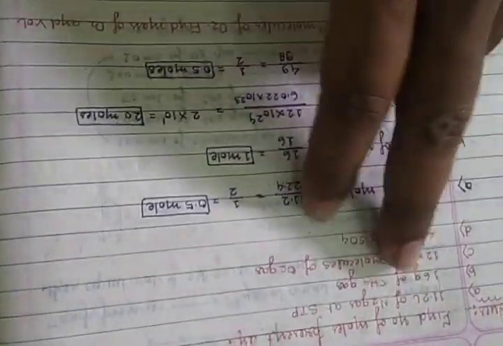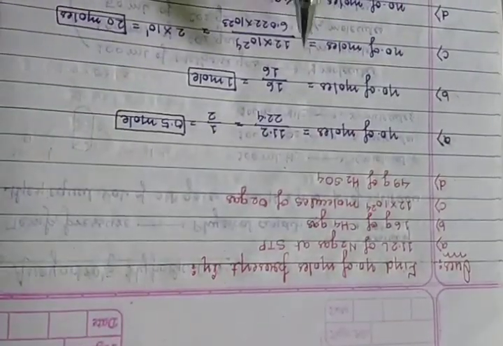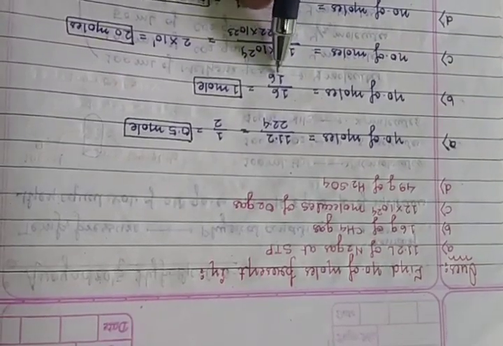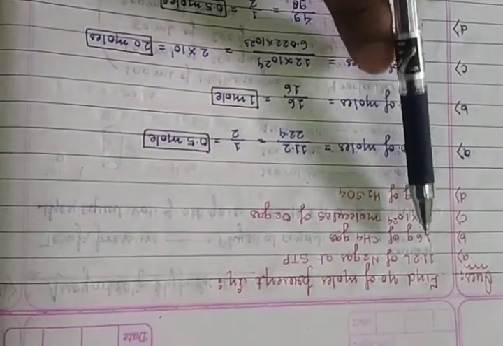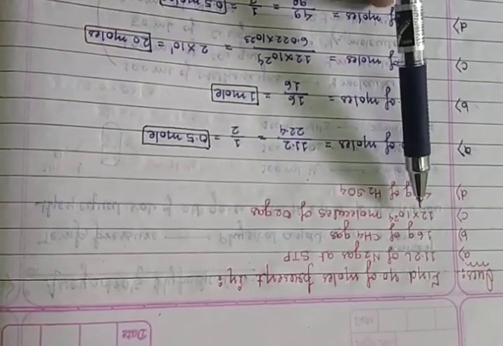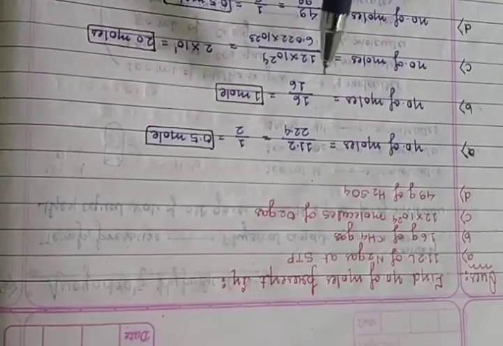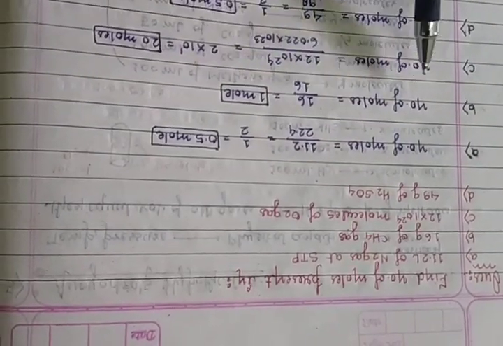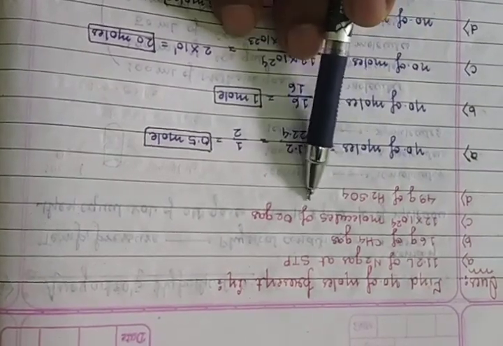Clear? Now the same question, 16 gram of CH4 gas. With 16 gram, the first formula applies, mass upon molar mass. Mass is 16, and the molar mass: carbon atomic mass is 12, and 4 hydrogen, plus 4, means 16. Now the same for 12 into 10 to the power 24 molecules of O2 gas.